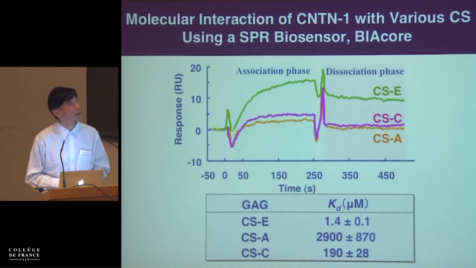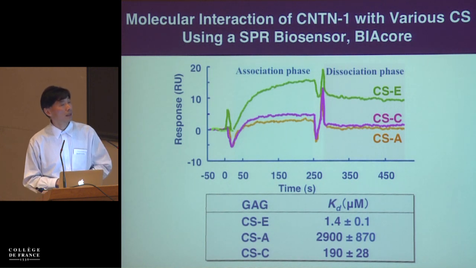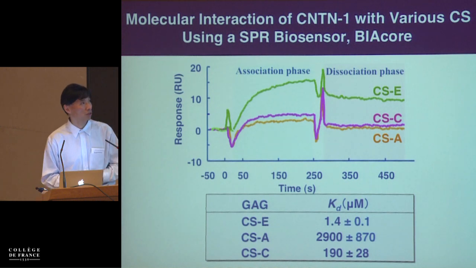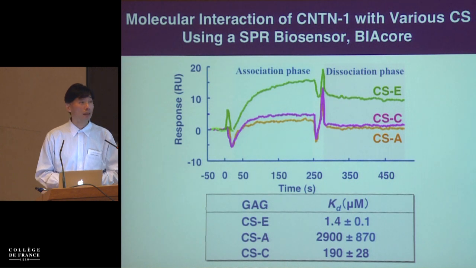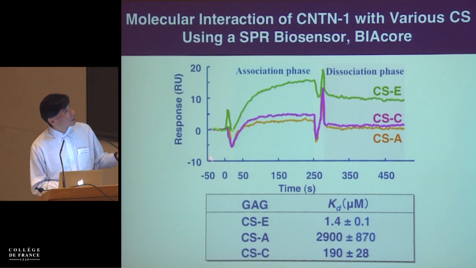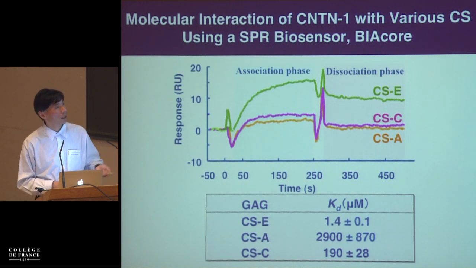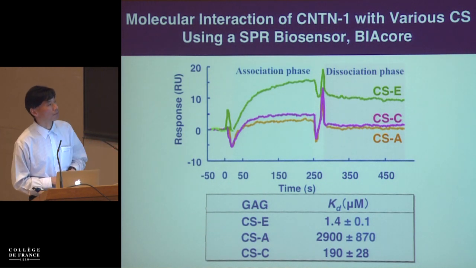Recombinant contactin 1 was immobilized on the sensor chip surface, and aqueous solutions of various chondroitin sulfate preparations were individually injected over the sensor chip surface to detect direct binding. Overlaid sensorgrams disclose a clear binding of chondroitin sulfate E. In contrast, chondroitin sulfate A or C showed less binding than did chondroitin sulfate E.